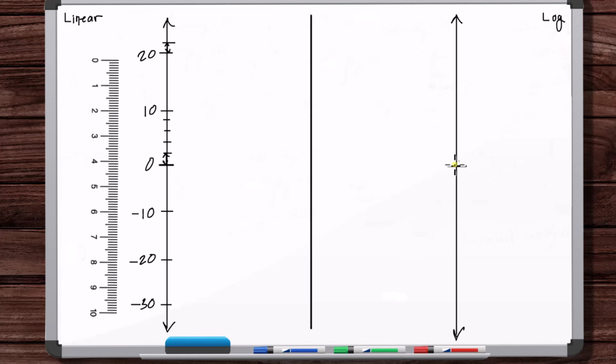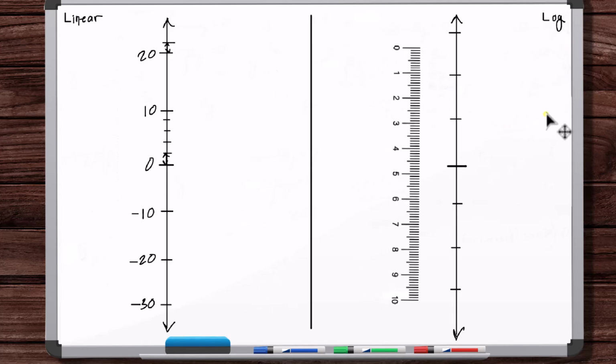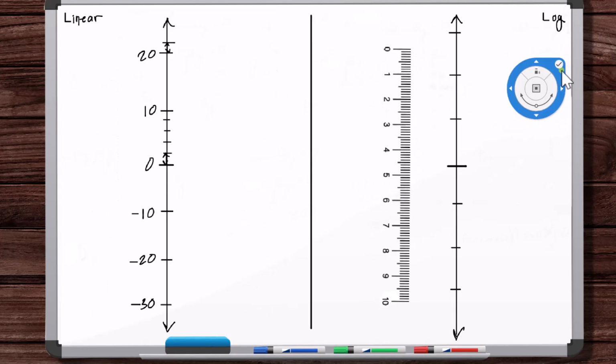So, okay, here's the 0 point. So let's see, we can do like that. Something like that. If you were doing this precisely, you'd want to really measure it out, get them equally spaced.